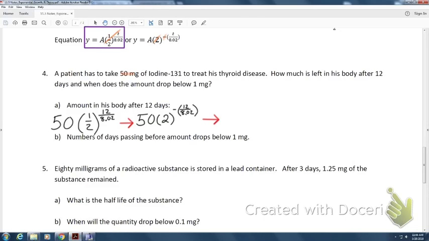How much remains in the body after 12 days? 17.7. Okay. So make sure that you got 17.7 milligrams on A. If you did not, let me come around and check to see how you put it in your calculator.